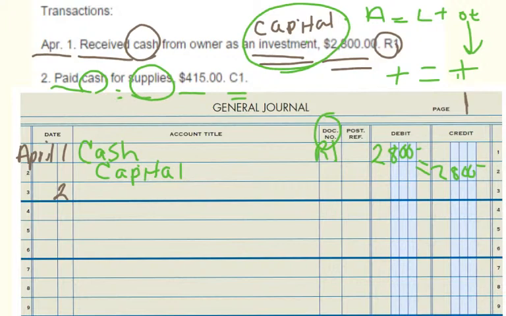We have assets coming in, so we have supplies coming in. Supplies for $415. Okay, we must have paid by check, C1, because the cash went out, and so that will be the credit of $415.